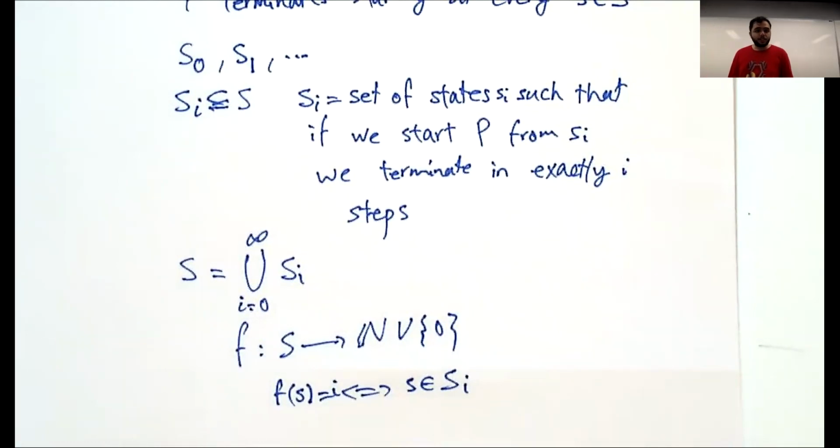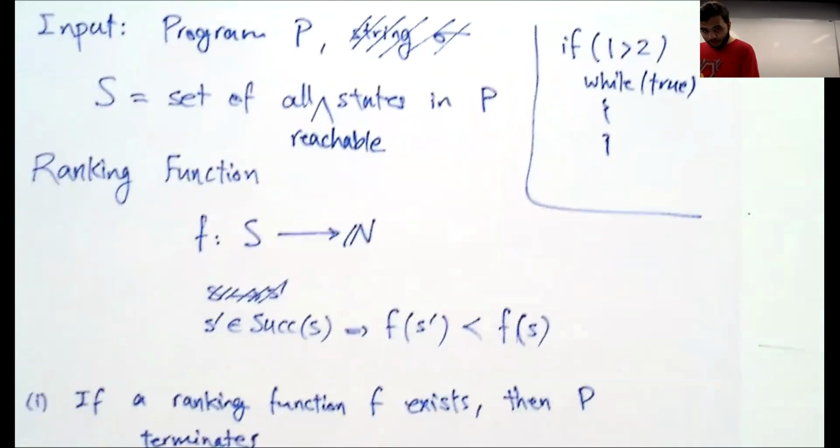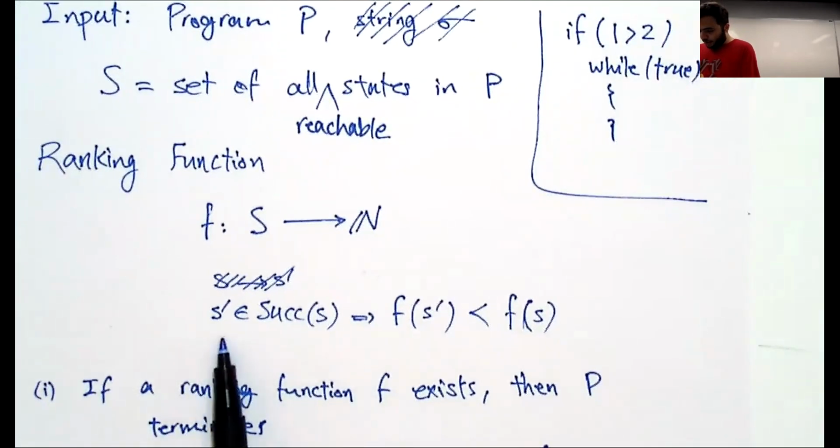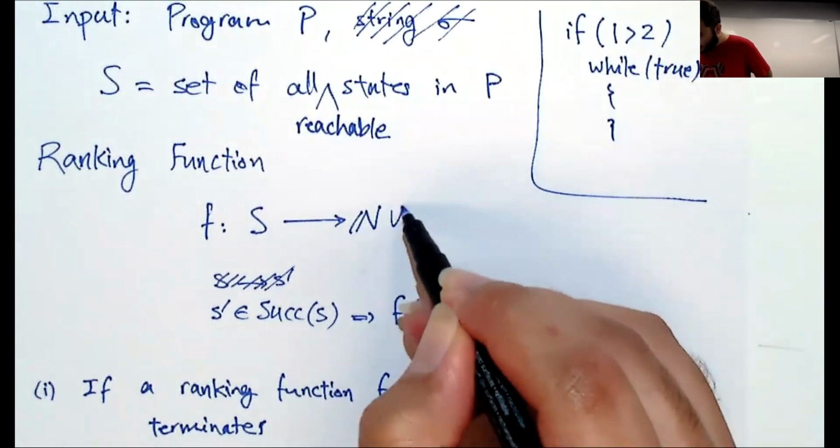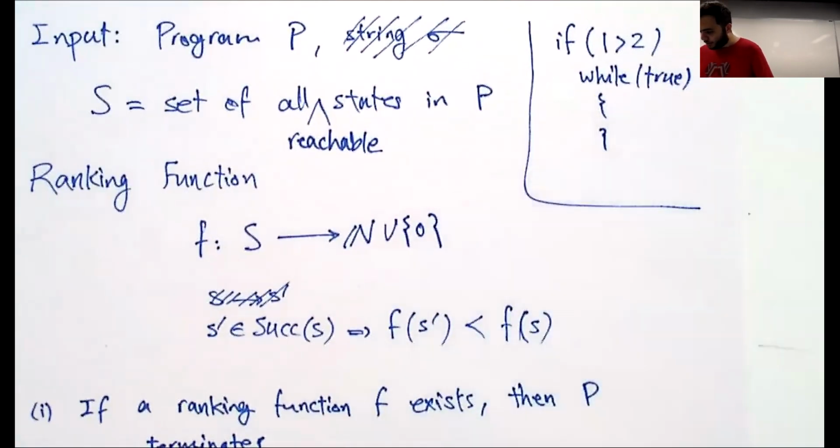So the ranking function basically just gives me the number of steps I have to take until termination. And because every time that I go from a state to its successor, I get one step closer to termination, then I have the conditions of the ranking function, that the value of f decreases in every step of execution. And of course, I can have 0 here, it doesn't matter. The only thing that we need is that it should be bounded from below so that we cannot take infinitely many steps.